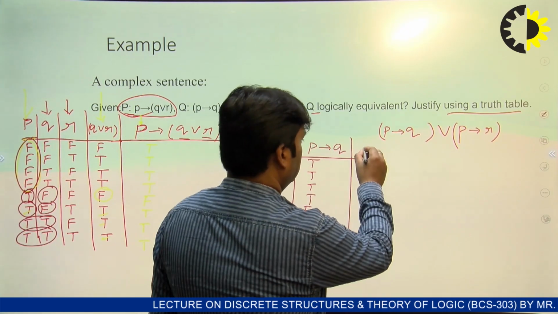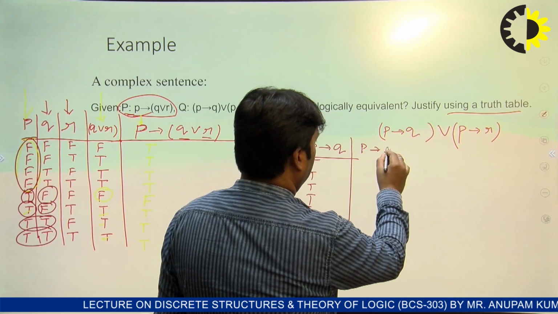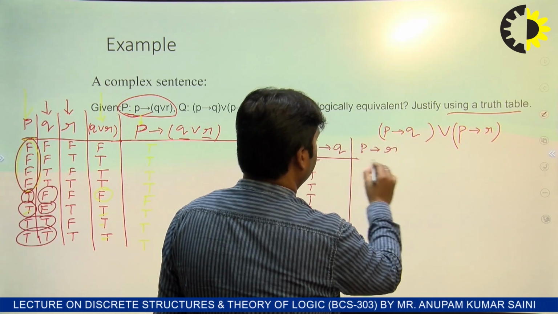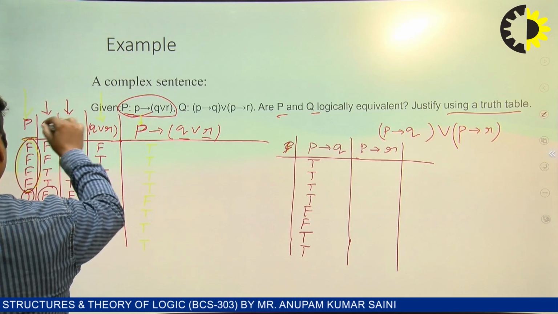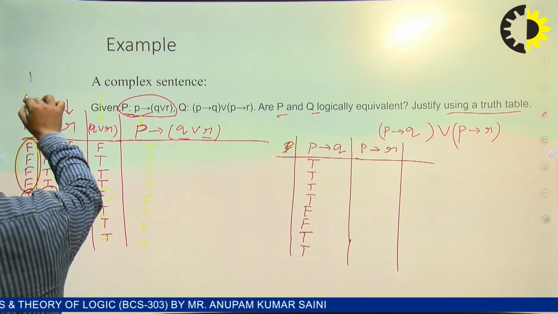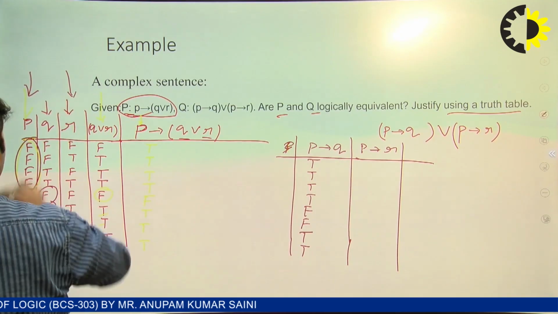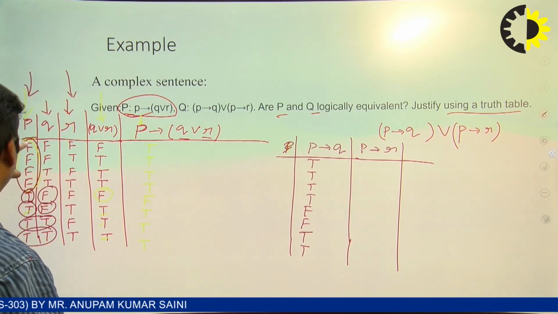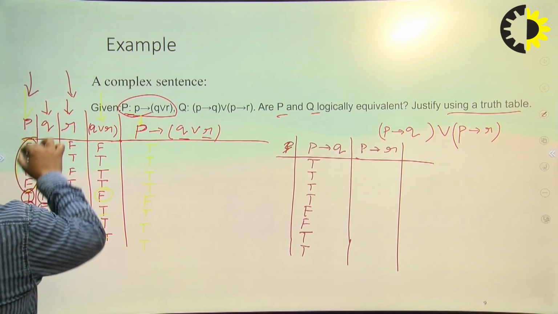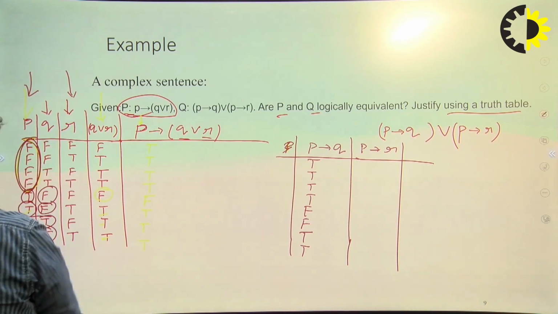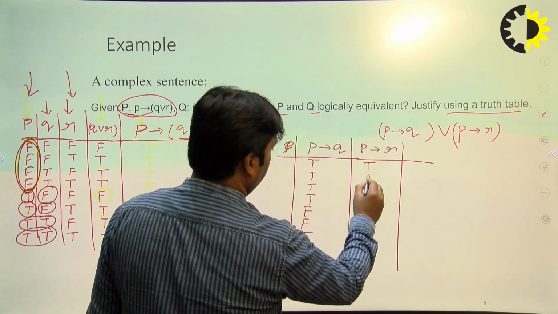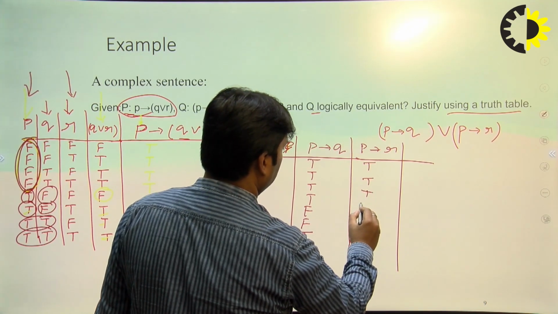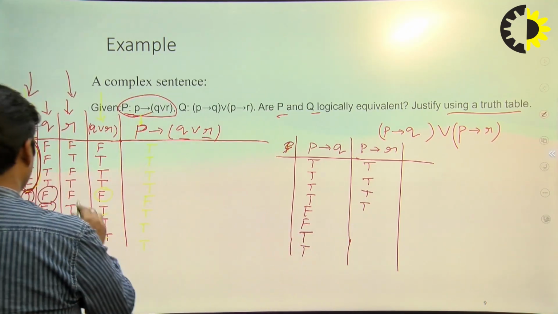Now P implies R. For this we consider the table for P implies R. In the first rows, P is false, then the output will be true, true, true, true. Now check for this.